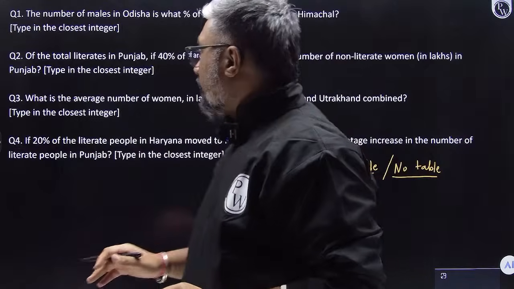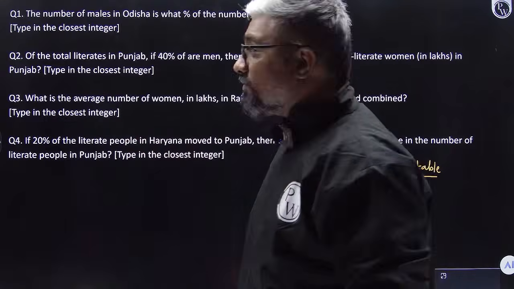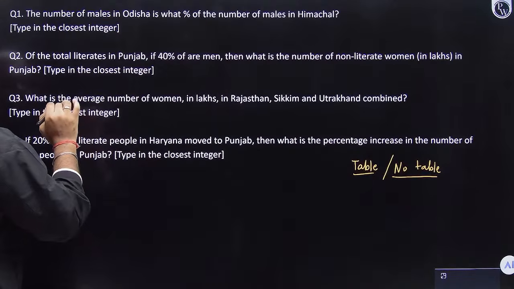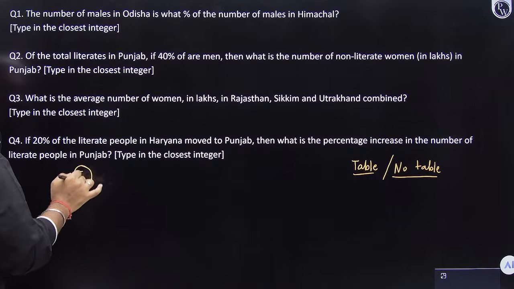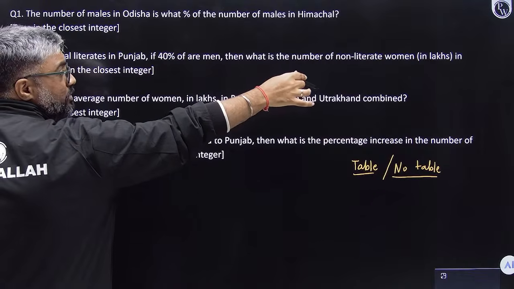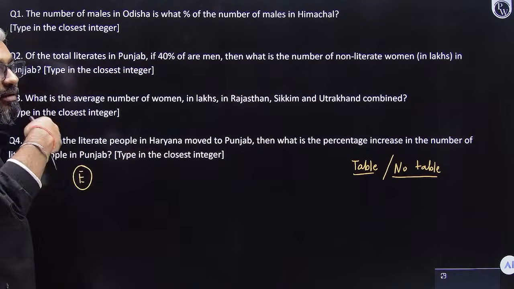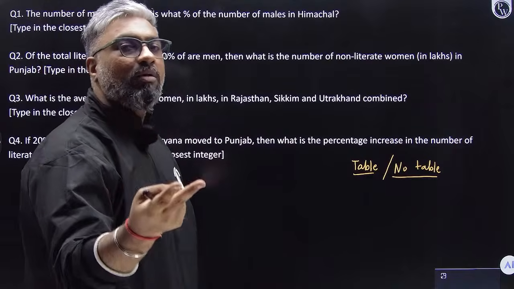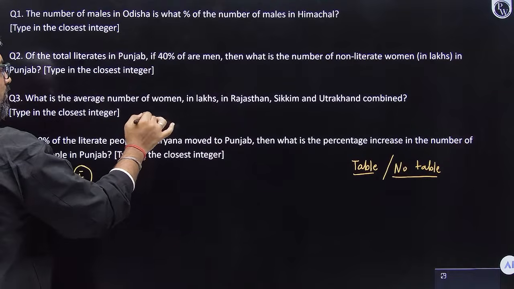I have been given only 4 questions, and out of the 4 questions, this one is hypothetical, this is an extension. This is just asking for the average number of women of 3 states. That means finding out men, literates, non-literates is unnecessary.